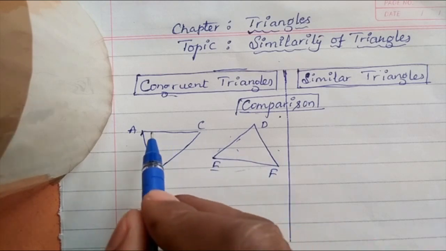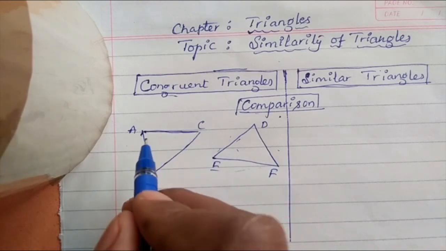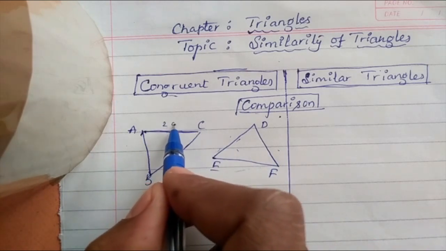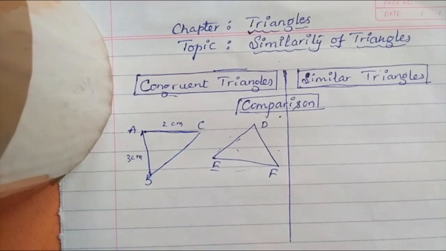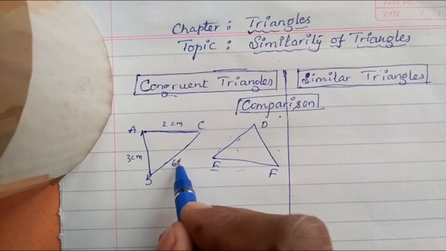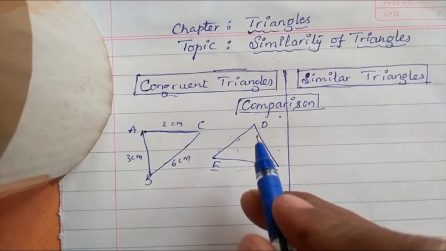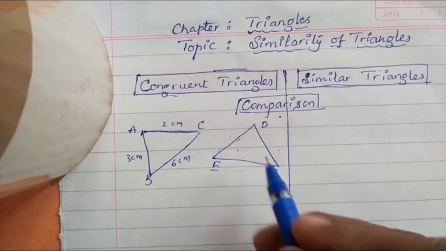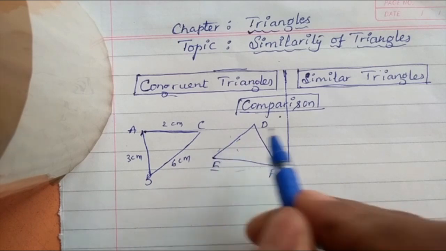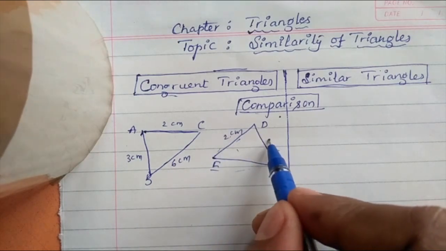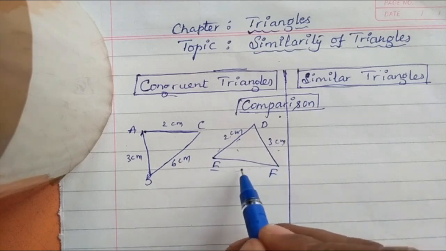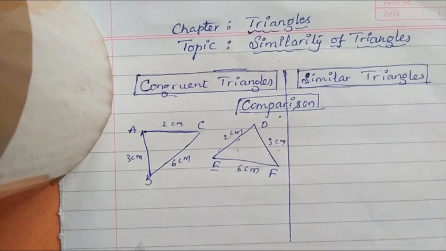In triangle ABC, suppose the AC side is 2 cm, AB side is 3 cm and BC side is 6 cm, for example. Similarly in DEF, DE is 2 cm, DF is 3 cm and EF is 6 cm. Observe these two triangles neatly.